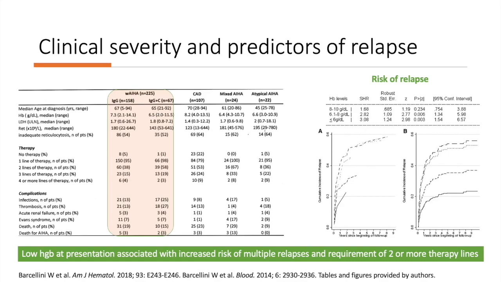In particular, it was estimated that the risk of relapse is significantly higher in patients with less than 6 grams per deciliter hemoglobin, more than 3 times higher than patients with hemoglobin between 8 and 10, and with patients with higher levels of hemoglobin.